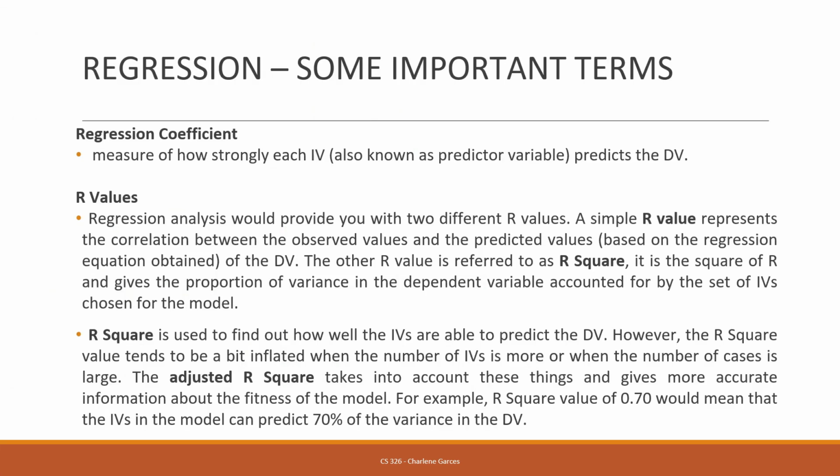A regression analysis will provide you with different R values. A simple R value represents the correlation between the observed values and the predicted values.